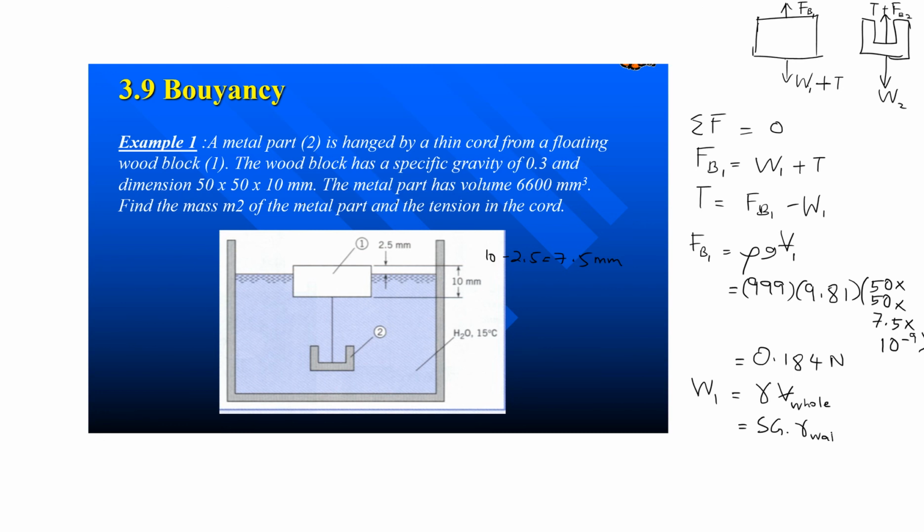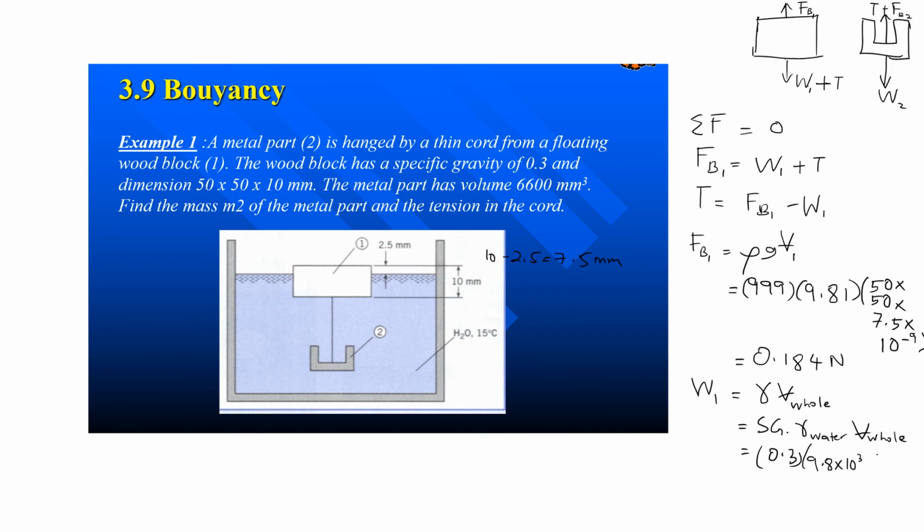This is water, this is wood block. Then we use the volume of the whole wood block. So 0.3 times 9.8 times 10 to the power of 3.